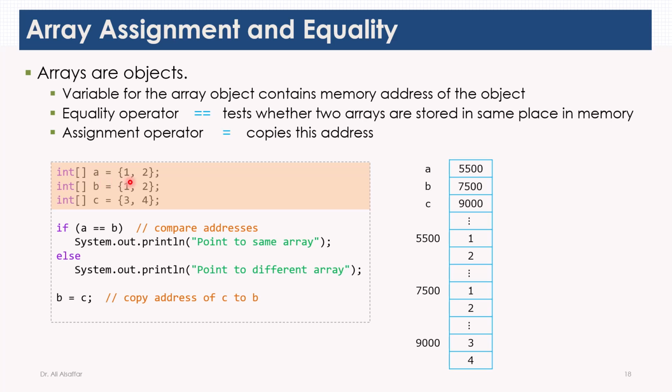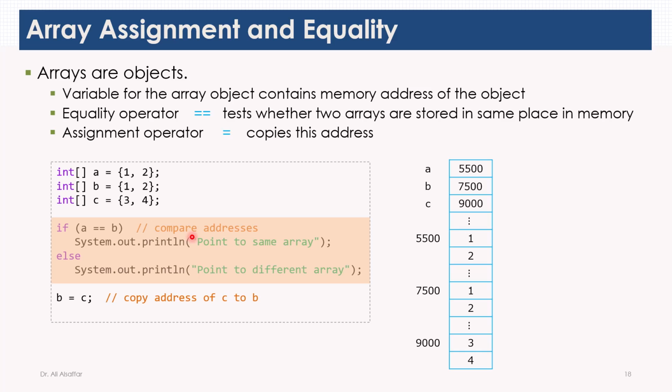So if 1 and 2 as an object are saved at address 5500, then A will hold this address. And notice now A has a copy of the reference, the address of the index variables. And B also has the address of array B, and C also has the address of array C.